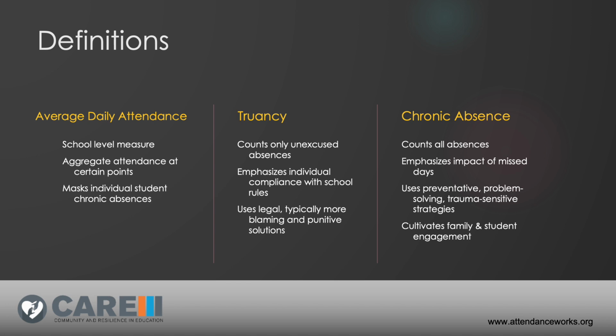Chronic absence counts all absences for an individual student, and it emphasizes the impact of missed school days. We can use measures of chronic absence in a preventative, problem-solving, and trauma-sensitive way. When we're talking about chronic absence, we must consider family and student engagement.